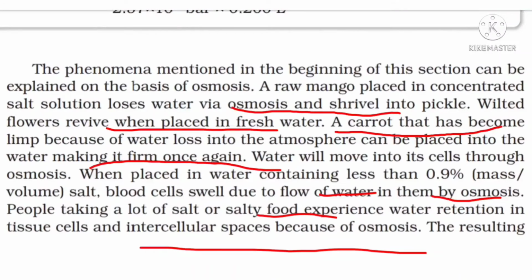A carrot that has become limp because of water loss into the atmosphere can be placed into water, making it firm once again. The blood cell swells when placed in water containing less than 0.9% salt. This is due to the flow of water into them by osmosis.